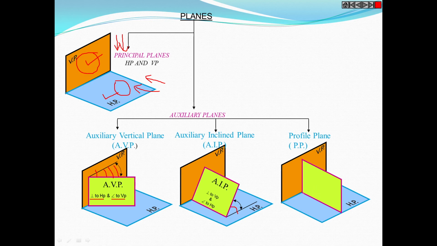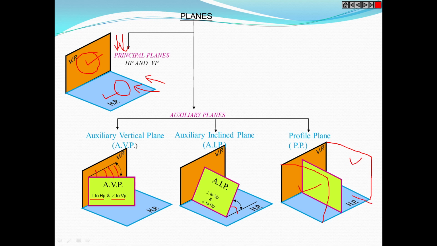If this plane is put at this end, it becomes the LPP, left profile plane. And if you put this plane at this point, perpendicular to the vertical plane as well as the horizontal plane, we call it the RPP, right profile plane.